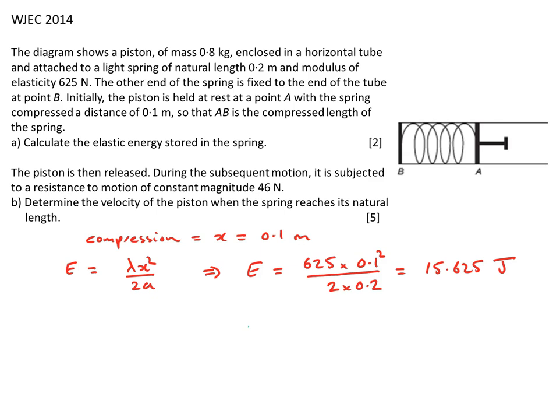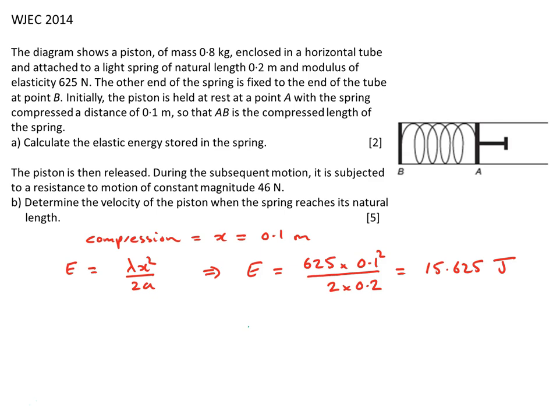We then release the piston, and during the subsequent motion it's subjected to a resistance to the motion of constant magnitude 46 newtons. Now at the start position, we've got some elastic energy. This elastic energy is being converted into kinetic energy when the spring reaches its natural length.